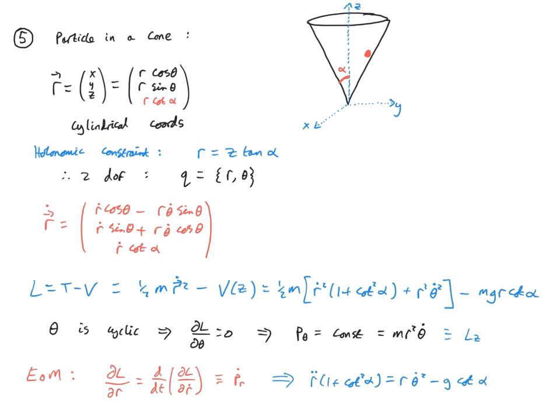Again, this equation might look quite difficult because it's a differential equation for r double dot involving r here, but also theta dot. However, we can exploit the fact that p theta is a constant to get rid of this theta dot in here. We can relate theta dot to a constant and r.